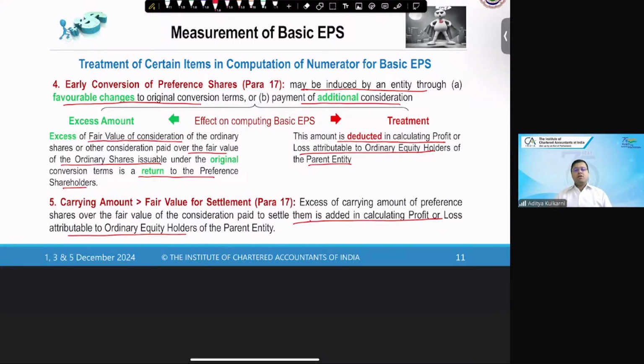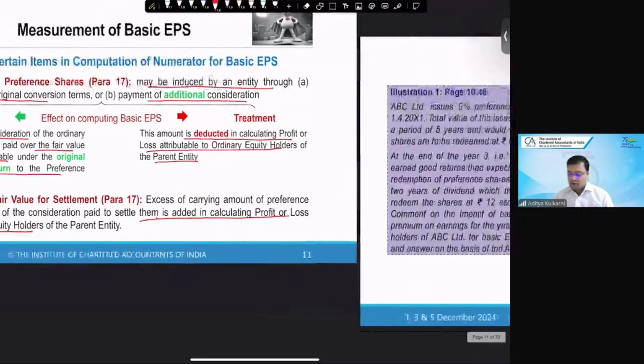So if there is a loss, you will add back. Are you able to understand? Yes. When a premium is given, you are deducting it in calculating profit. So when there is a loss, you add it back in calculating profit or loss attributable to ordinary holders. Okay.